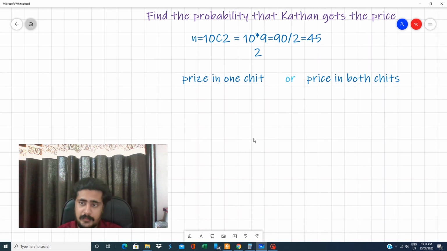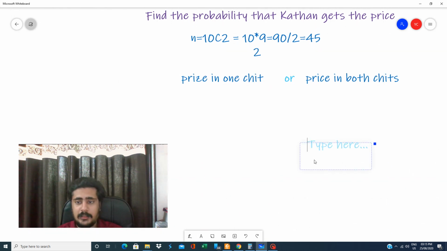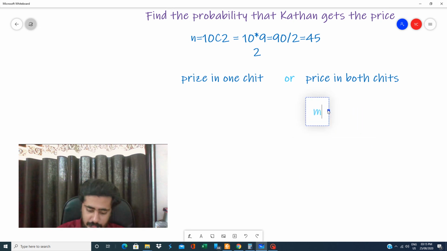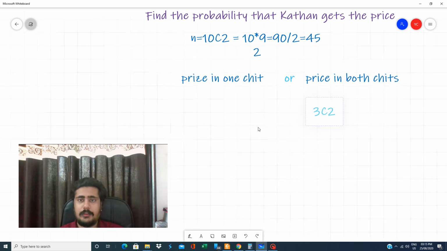Okay, suppose Kathan is getting a prize in both the chits, and I am finding the possibilities for both the chits. So M is 3C2. From where have I written 3C2?